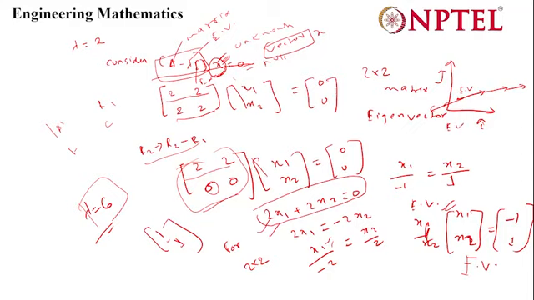Suppose we got minus 1 and 1. We can write minus k and k. So for any value of k, you can stretch this vector to any length, and that will be your eigenvector. That is why we have infinite solutions. You understood? Yeah, got it.